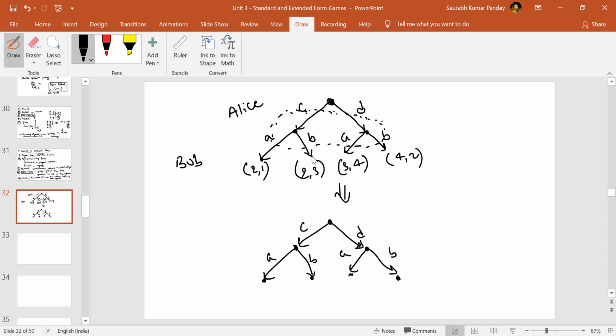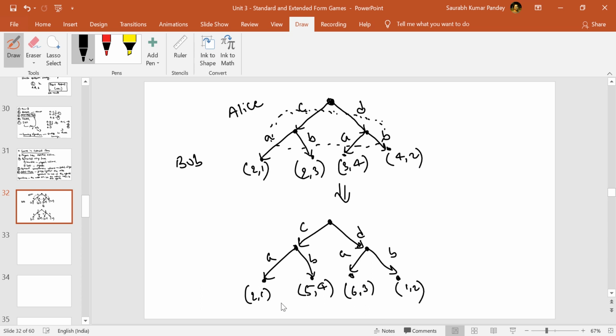Here I forgot to mention those points. They have to reach a certain node, na? Fine, and they are getting some values. These values are not with respect to the values of the utilities that I have given over here. So they are getting some values on reaching over here.